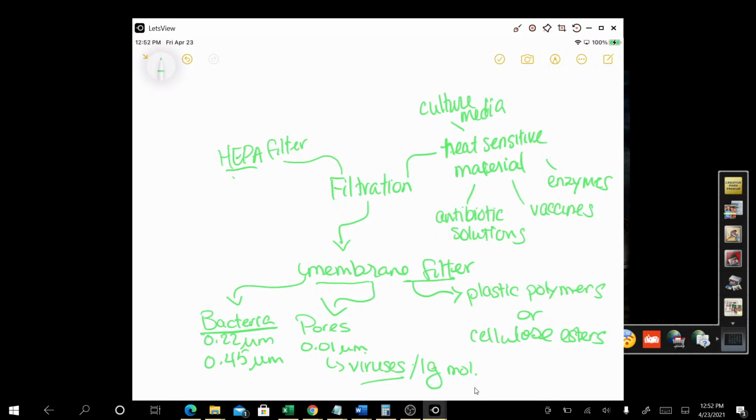Now with this particular filter, we know that it can capture bacteria with a pore size higher than 0.3 micrometers in diameter. So microbes are removed.